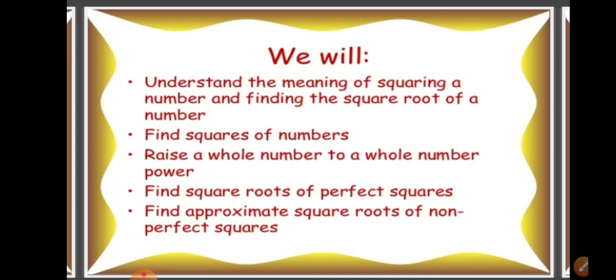Next, we will find squares of numbers. Next, we will raise a whole number to a whole number power, find square roots of perfect squares, and next we will find approximate square roots of non-perfect square numbers. One by one we will discuss all the topics. Then it will be clear to you all.